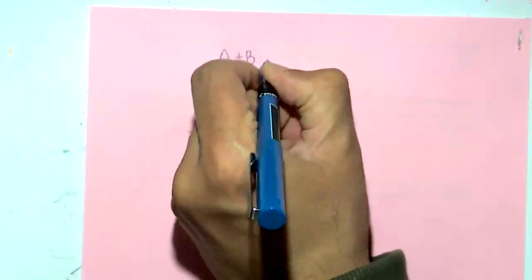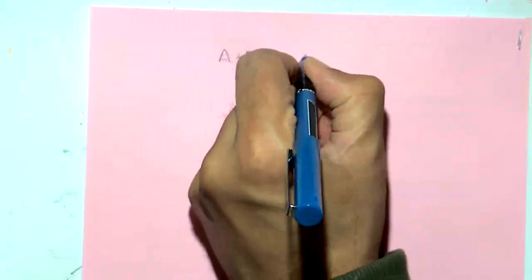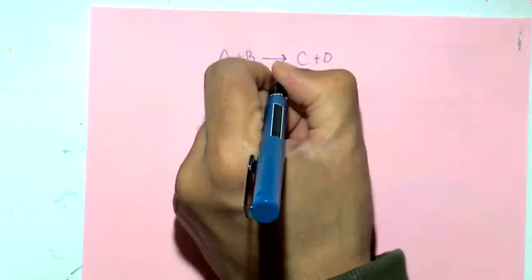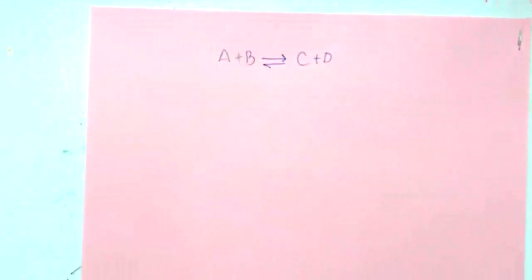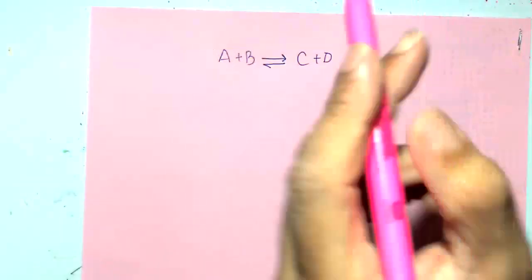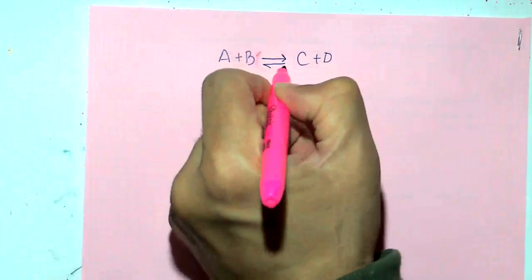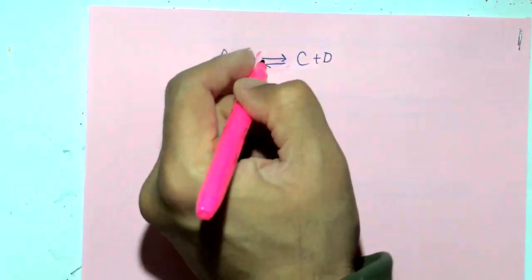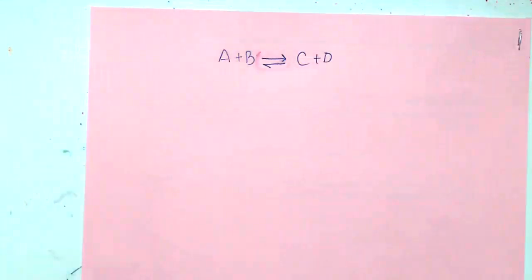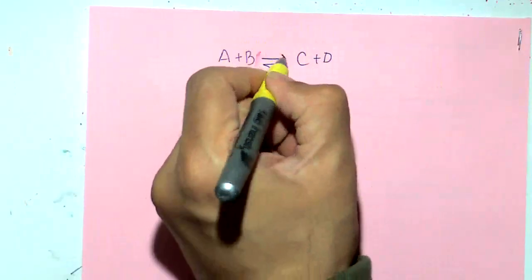So the way we designate that is with what? What do we do to the arrows? We make them go back and forth. When you see that back and forth arrow, you have to instinctually know that this is an equilibrium reaction.